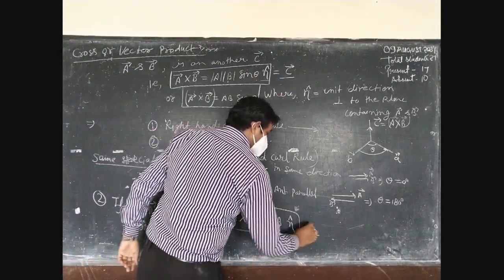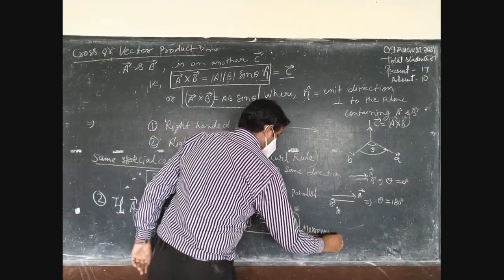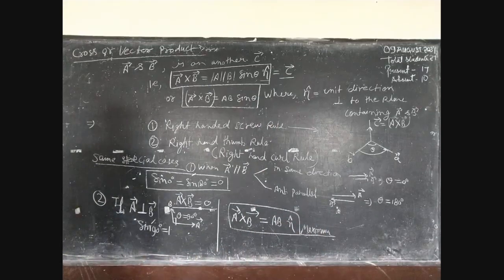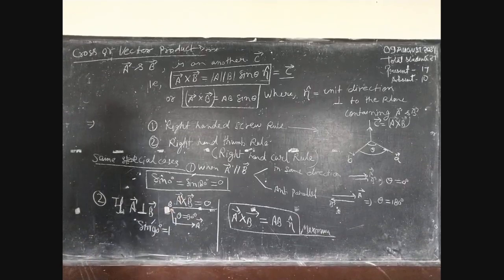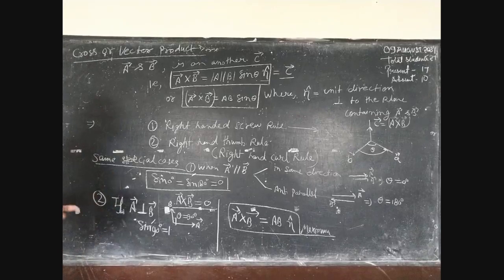And this is maximum. That is why when we use the vertical component, we use sin theta, because the vertical component gives the value of sin theta as 1. Now write some important properties of cross product.